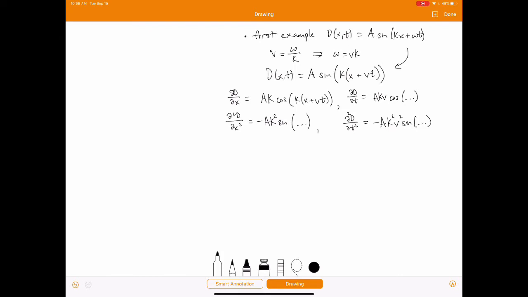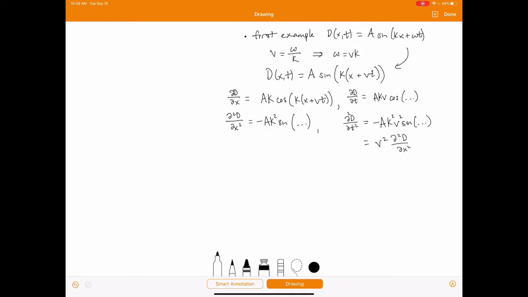Okay, so the second derivative with respect to time is almost the same as the second derivative with respect to position, except I have a v squared out front, right? So this is just v squared times the second derivative with respect to position.